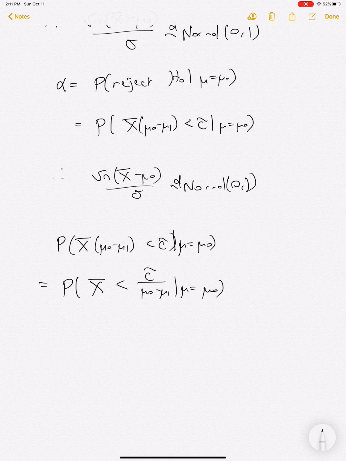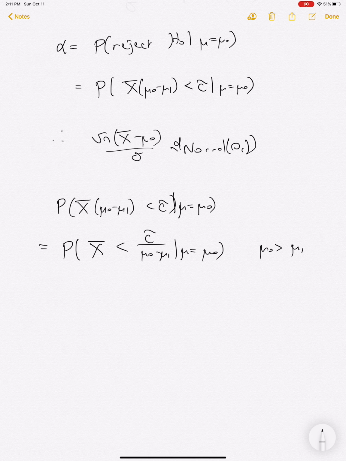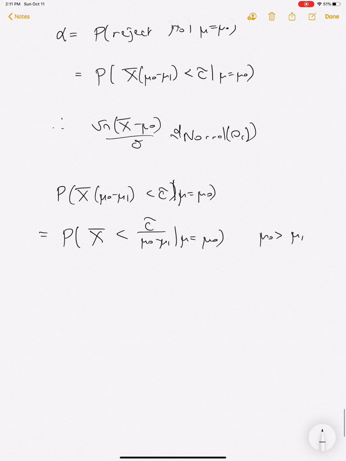I'm also, just for simplicity, going to assume that mu 0 is bigger than mu 1. If mu 0 is less than mu 1, you just have to worry about when mu 0 minus mu 1 would be less than 0, so you'd have to flip the sign. So the sign gets flipped, which flips the test, which is what you'd expect. So for simplicity, I'm keeping mu 0 bigger than mu 1.